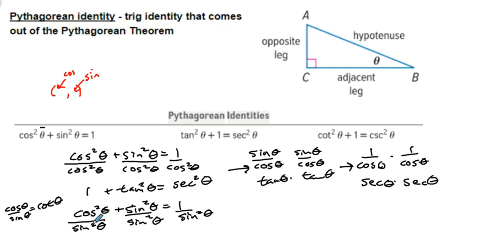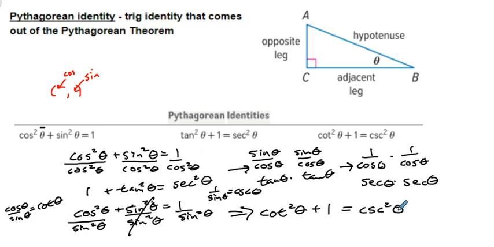We have 2 of those, so you're going to get cotangent squared theta. This turns into 1, and then 1 over sine is cosecant, and we have 2 of them. So we're going to have cosecant squared. And these are how you arrive at both of these.